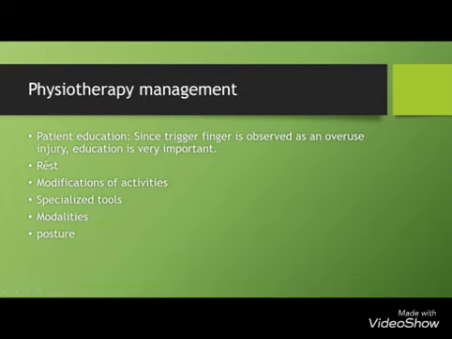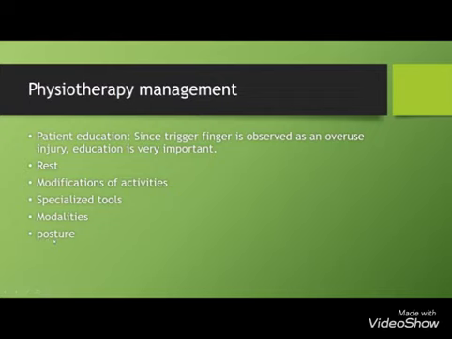Physiotherapy management will be, first of all, patient education about the condition and the importance of daily exercises. Next will be rest and modification of activities. We can suggest specialized tools in daily life to ease the pain or to assist the fine movements, modalities, and correction of posture.